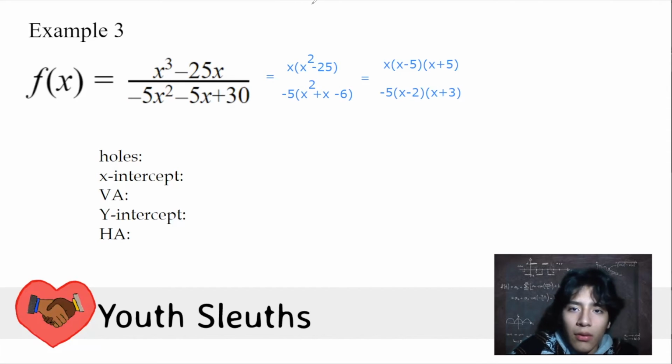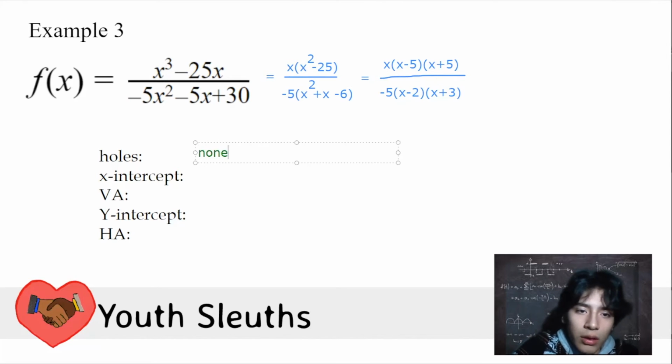And now the next thing we want to do is find the holes. And I noticed that we don't have any holes. We don't have anything that cancels from both bottom and top. So what we are going to write is that we have no holes, or none.